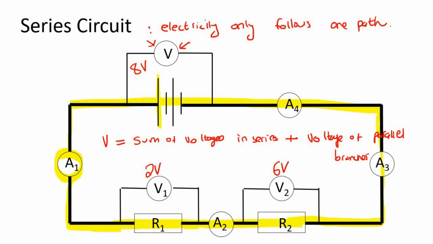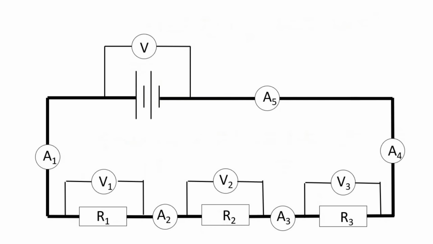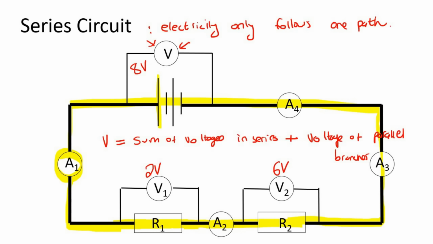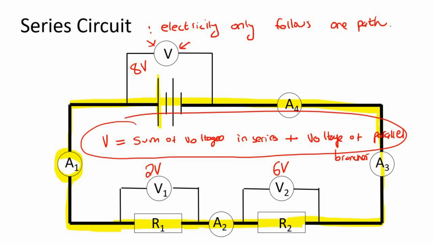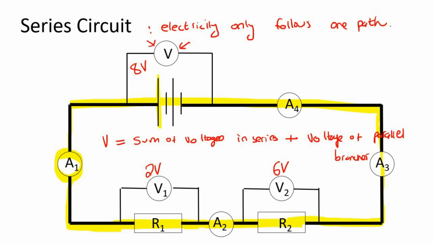Okay, but that part there, we're going to have to talk quite a lot about that. I will talk to you about that when we get to parallel circuits, okay? But I just want you to write this one down, and this formula is going to be really important for us to use. They won't show you this formula in class, but it's something that I've come up with to help make this section a little bit easier.